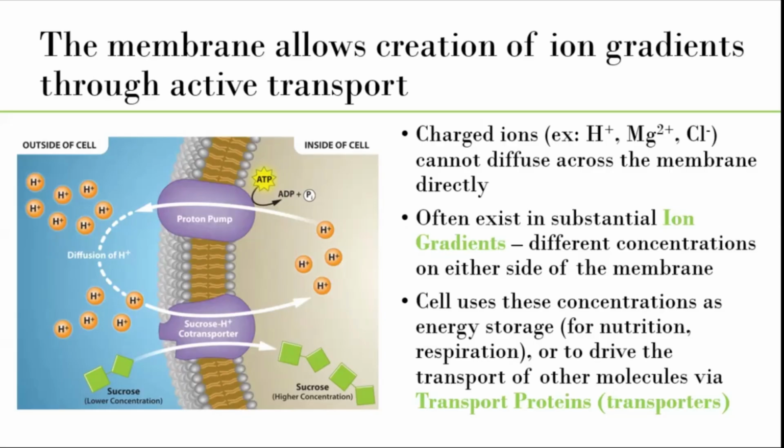So we use that energy and couple it with other transport to save the cell energy in the long run. We will definitely talk about this more later. We call these types of proteins transport proteins or transporters. Next class, we'll talk about co-transport, symport, antiport, all those other things. But right now, you just have to know we make these ion gradients to store energy.